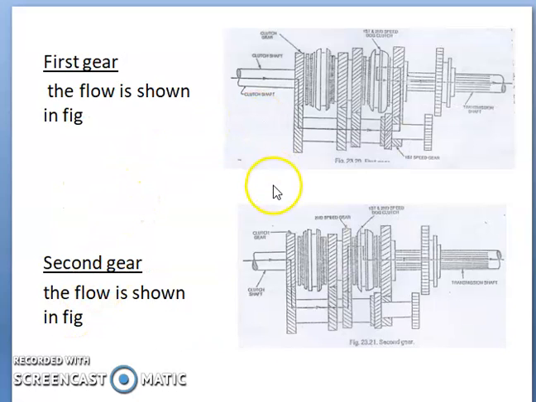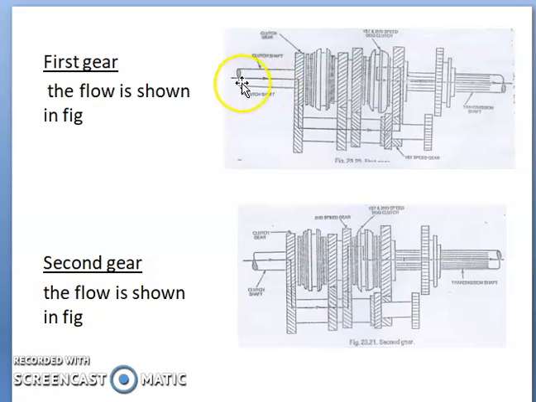So when you want the first gear, the first and second gear dog clutch is slid to the left. This causes this pair of gears to be engaged.